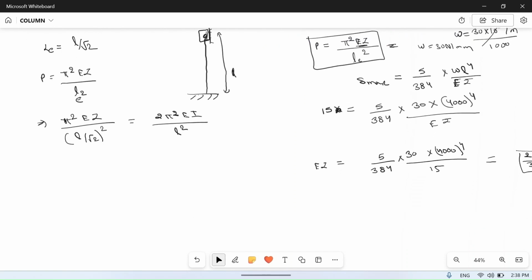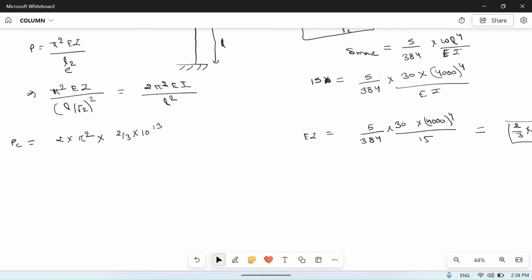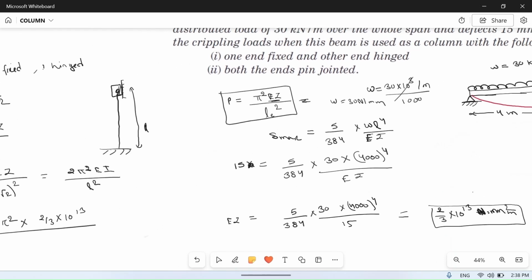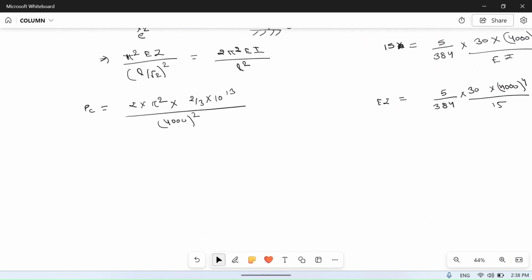If we put all the values, we get P crippling is equal to 2 into pi square into EI, which is already known to us, 2 by 3 into 10 to the power 13, divided by L square. L is given as 4 meter, which is 4000 mm square. If you calculate this, you will get PC is equal to 8224.5 kilo Newton.